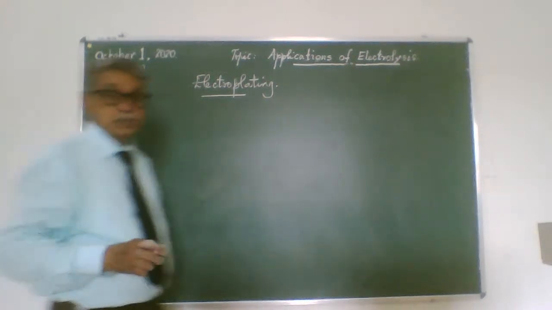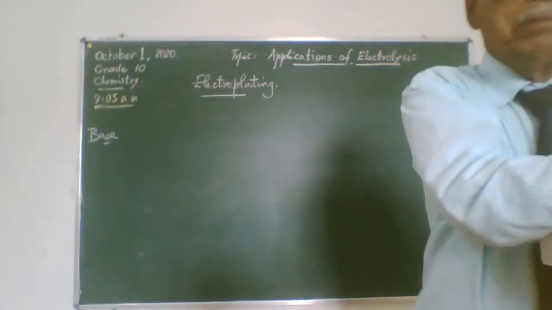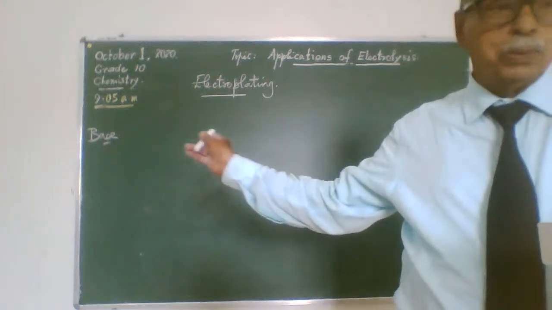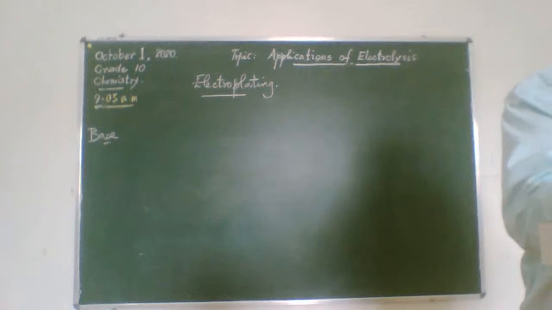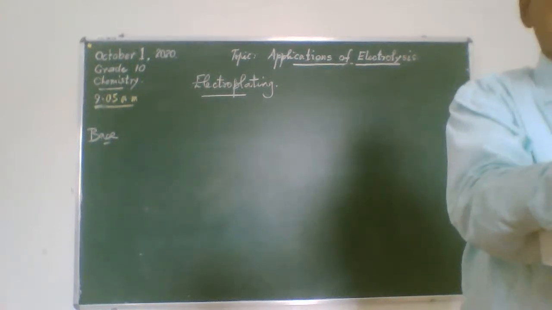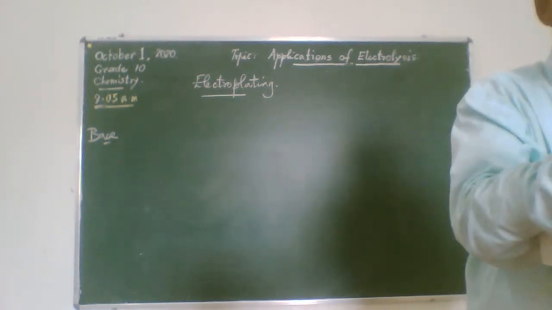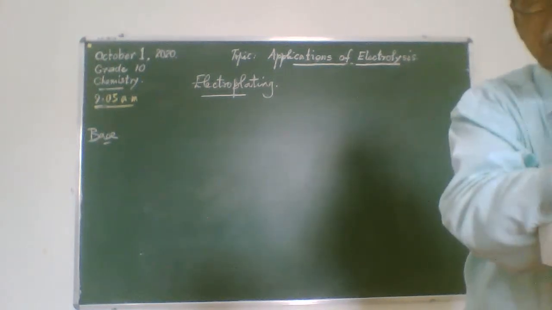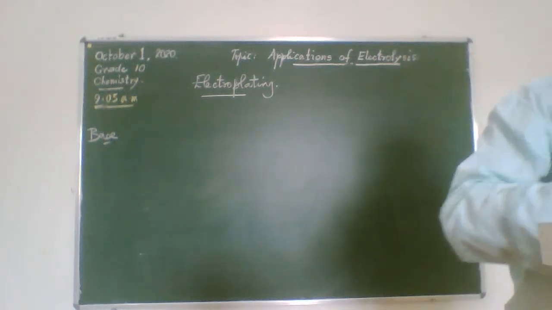Base metal means cheap metal. So a costly metal can be deposited on a baser metal through electrolysis. That's known as electroplating. So electroplating is a process in which a baser metal can be made to look more attractive and beautiful by getting a costly metal deposited on it. Get it?